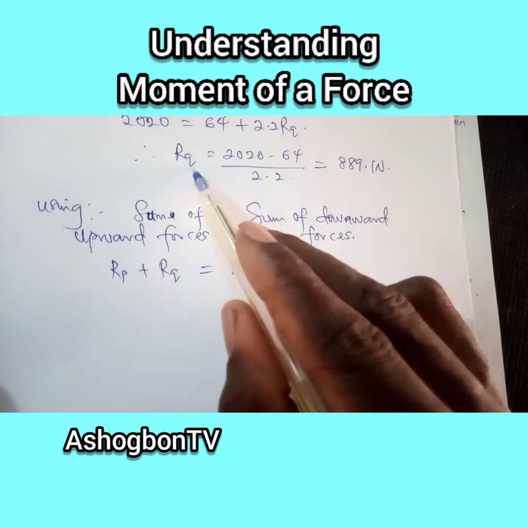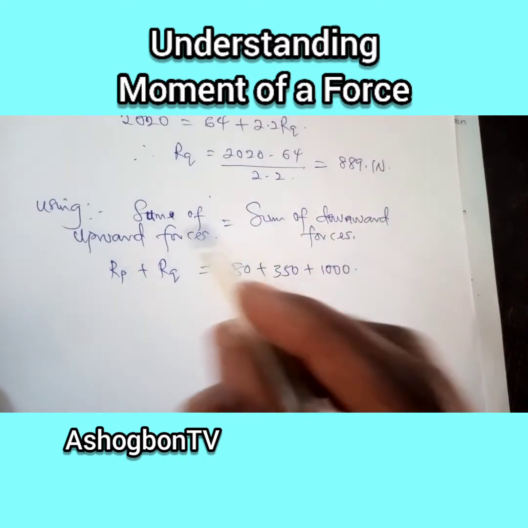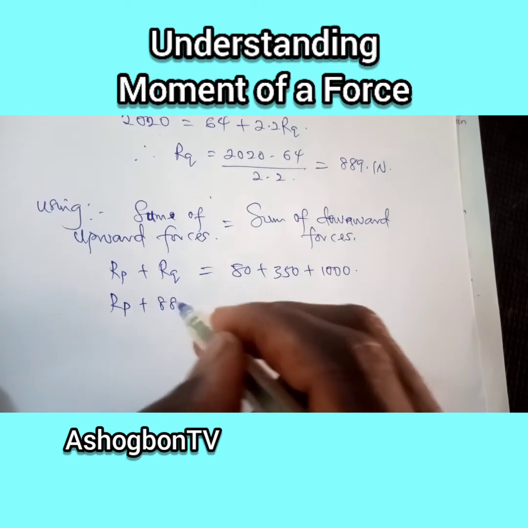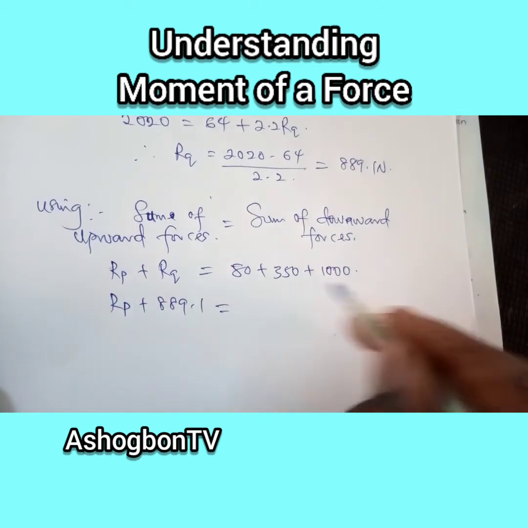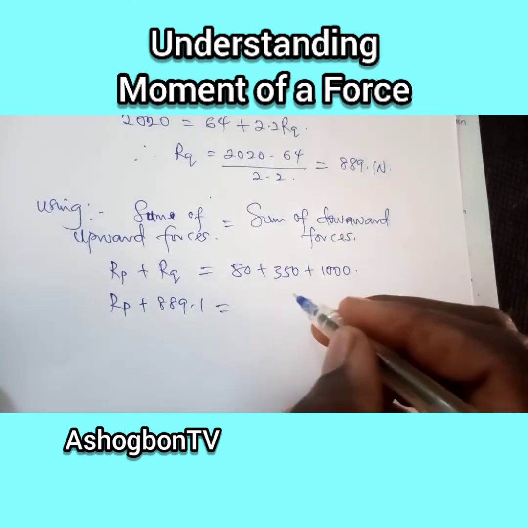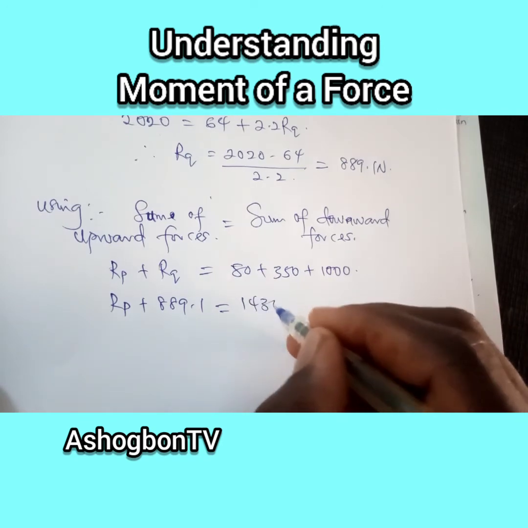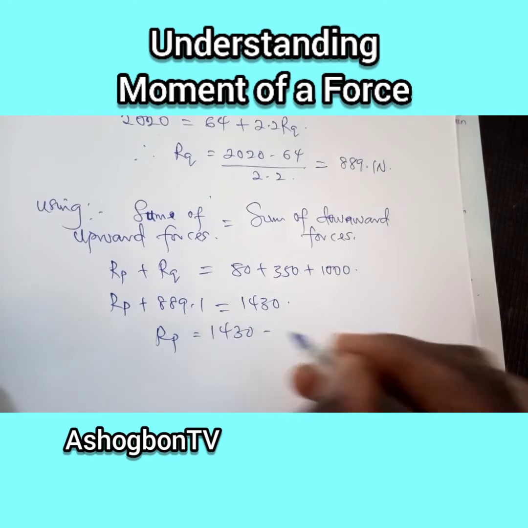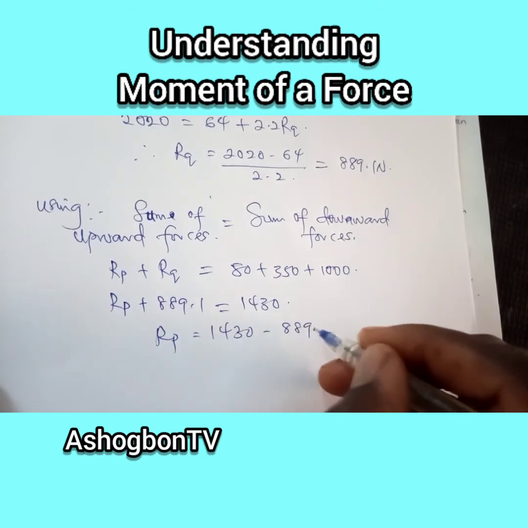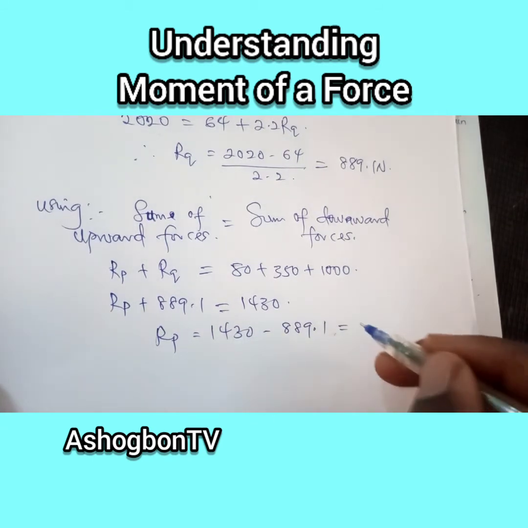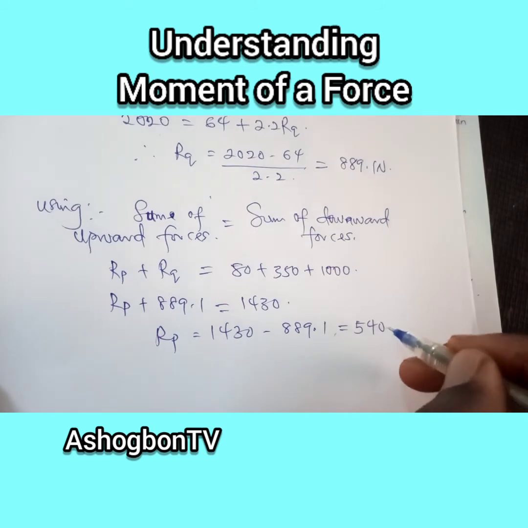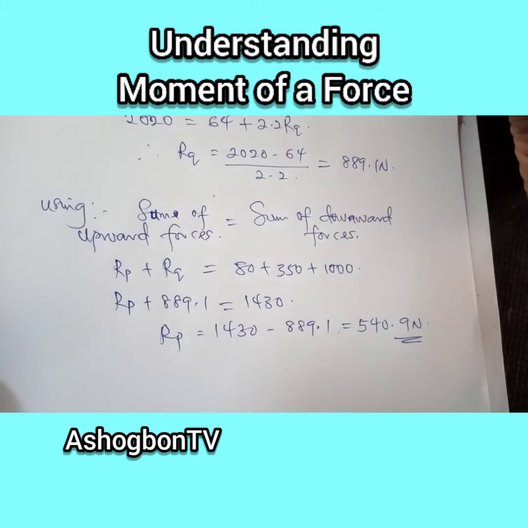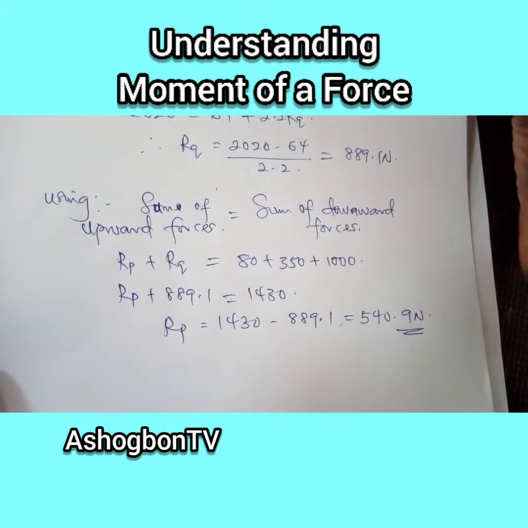You already know what your RQ is. So you have RP plus 889.1 equal to, add everything here, you will get 1430. So RP will be 1430 minus 889.1, and if you do that very well, you will get 540.9 Newton. That will be the reaction at P.